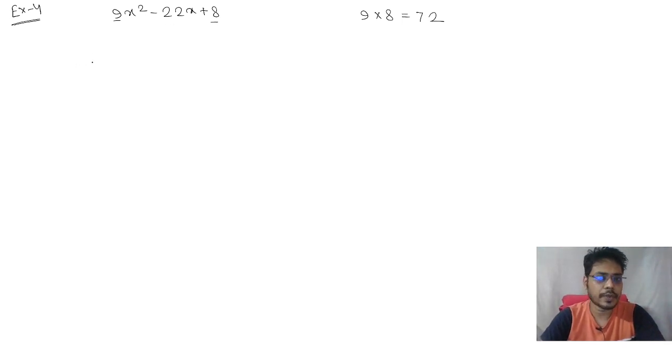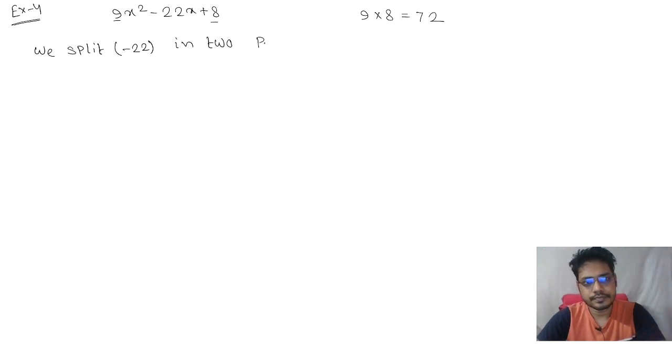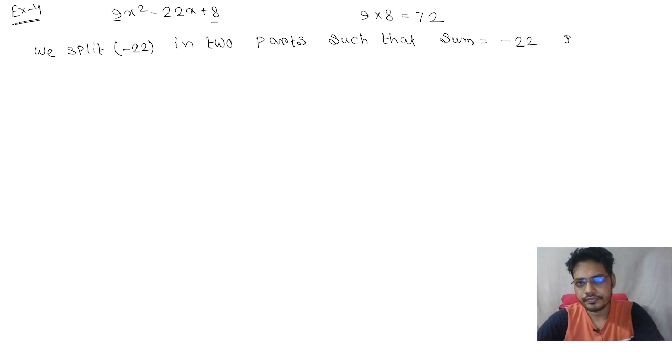Now we have to split this minus 22 in two parts such that the sum will be minus 22 and the product will be 72. Now how can we do this?